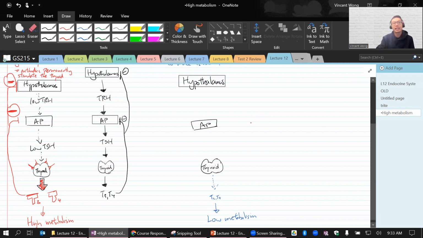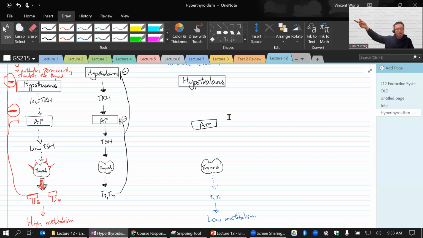Why is that? Because there's not enough T3 and T4. So when you don't have enough T3, T4, does your body try to make more to compensate, or does it want to lower it further? That's something to think about.